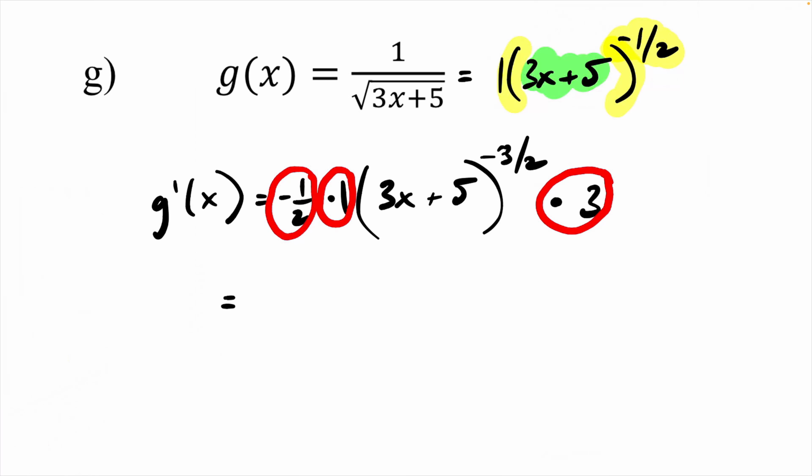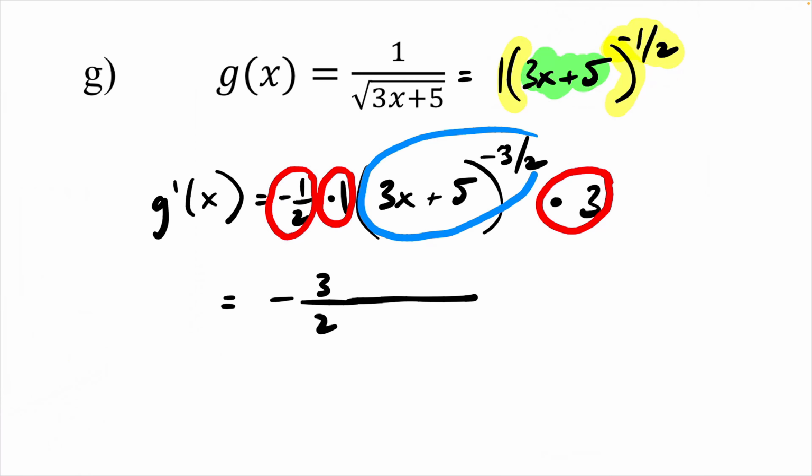That's negative 1/2 times 1 times 3, which is negative 3/2. Then the power has to move down because it's negative. So it's going to move down with the 2. Positive 3/2.